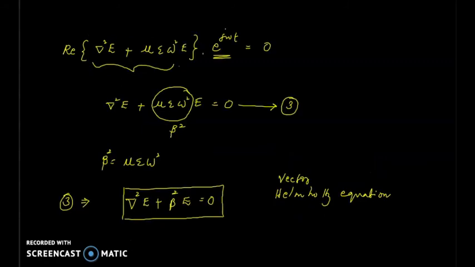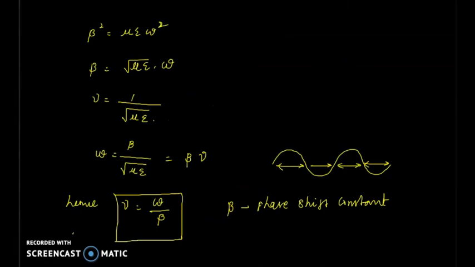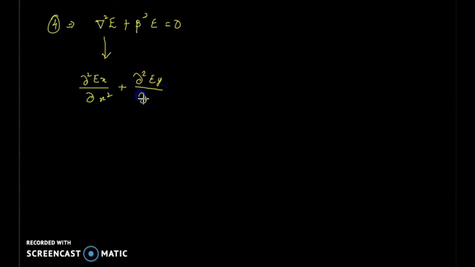Now if we come to equation number 3, let's take this as equation number 4: del square E plus beta square E equal to 0. We know that del square E is the sum of the second partial derivatives with respect to x, y, and z.